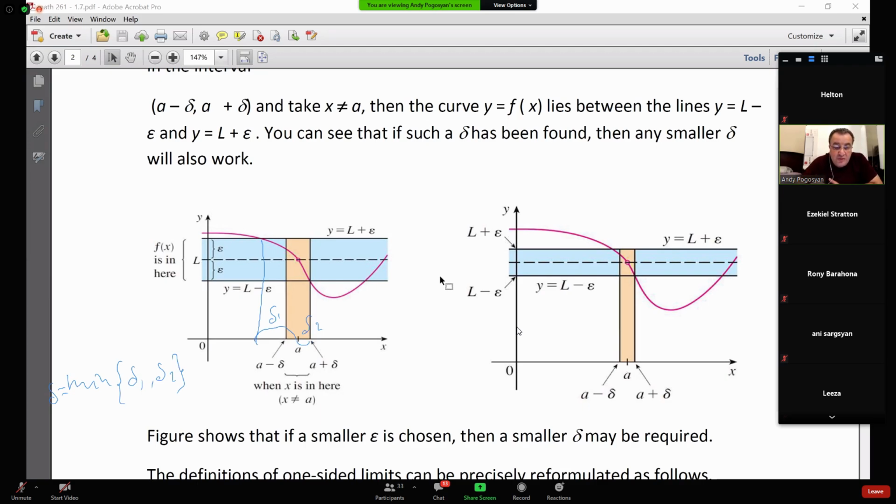So if you choose x's from here, then the corresponding f of x is, see, if I choose x here and go up, that's your f of x. It will be in the interval L minus epsilon, L plus epsilon. Another value you can choose here, the corresponding f of x is here.